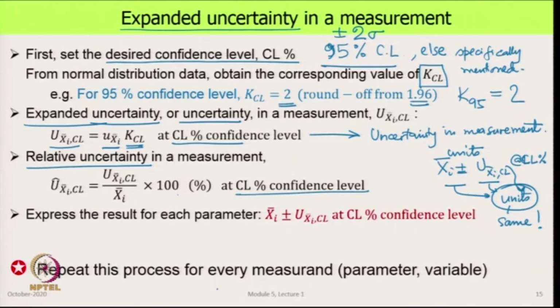Somewhere in the beginning we should have always specified what this is, and later on in solving the problem or doing the analysis, we should be clear that we are always referring to every measurement uncertainty at the same confidence level. So, this is our final answer. That is what this whole exercise was all about.